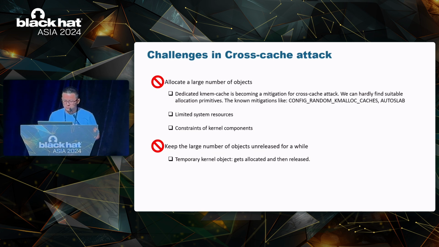As for the ability to allocate a large number of objects, there are some mitigations like random kmalloc caches, auto slab that prevent us from finding suitable allocation primitives. As for the ability to keep the large number of objects unreleased for a while, there are some temporary kernel objects which get allocated and then released very quickly. So we can't keep such objects unreleased for a long time.